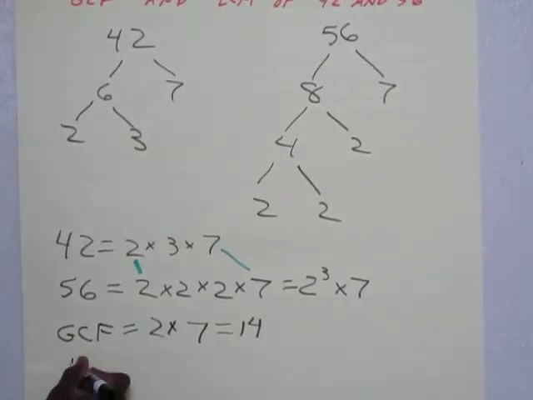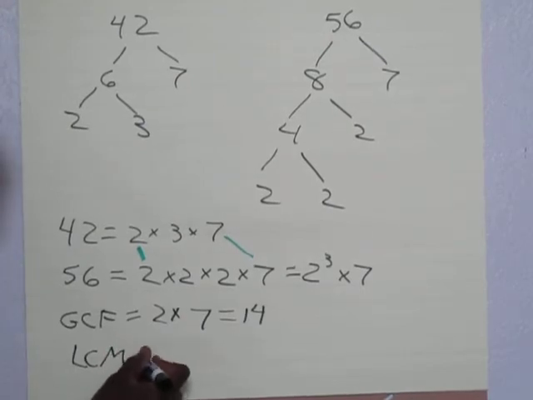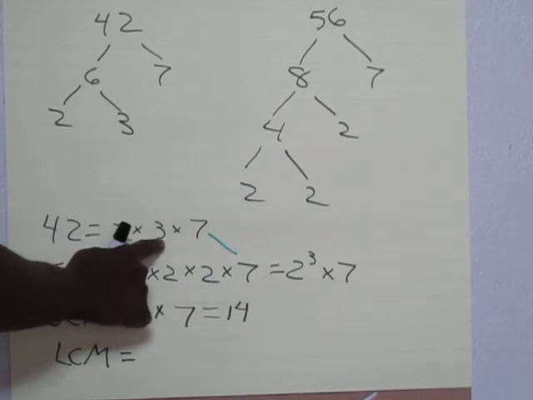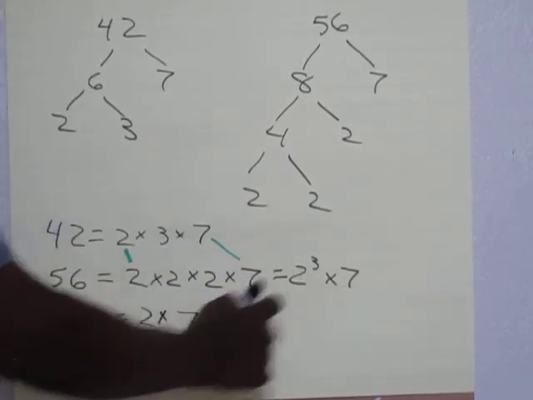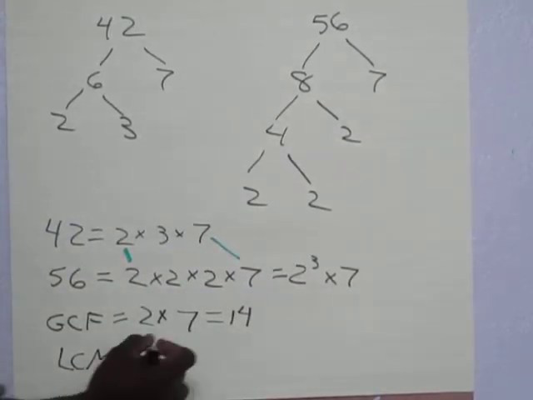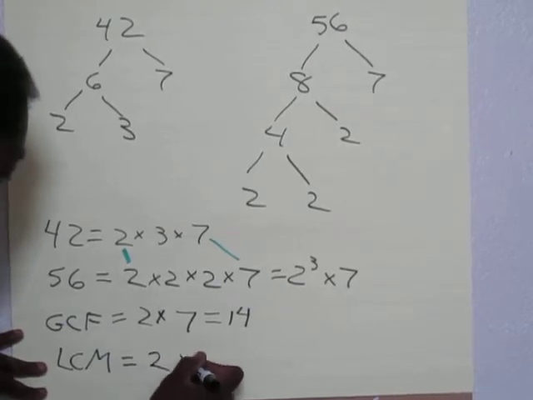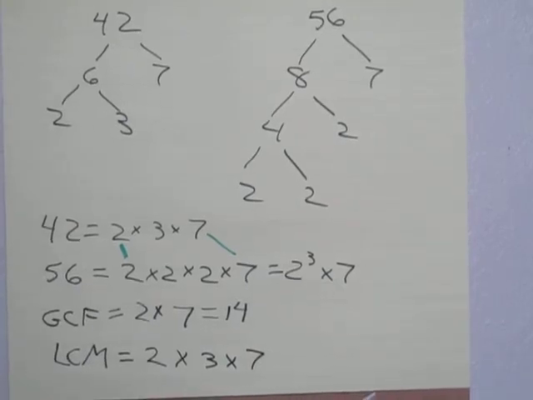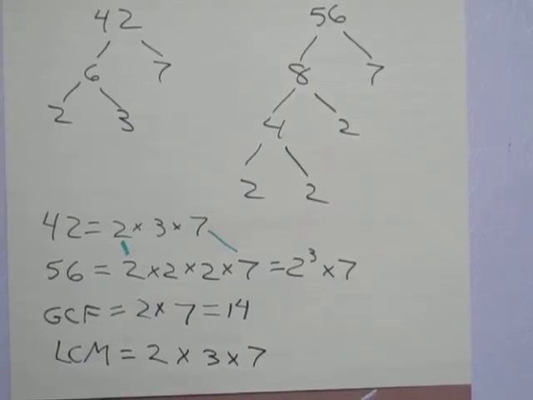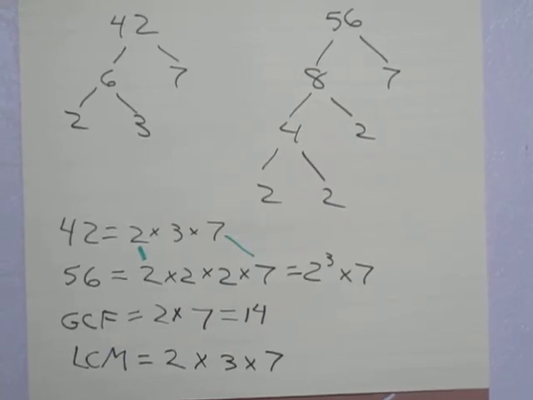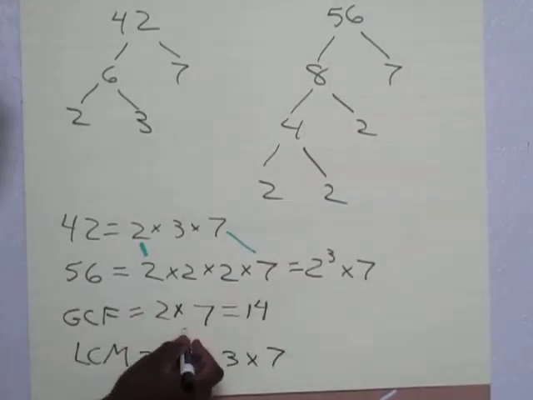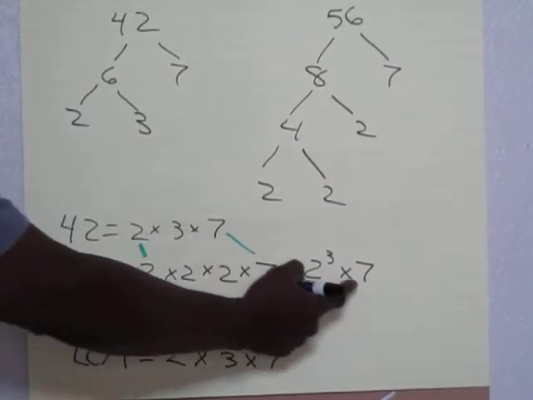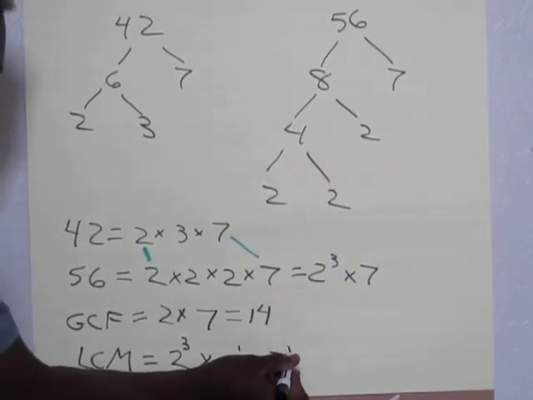To find the least common multiple, I look at the list of factors again. I have 2s, 3s, and 7s. So I'm going to write down those factors. To find that least common multiple, I take the highest exponent that's on each factor. I have a 2 to the 3rd power, but 3 and 7, the highest exponent is just 1.